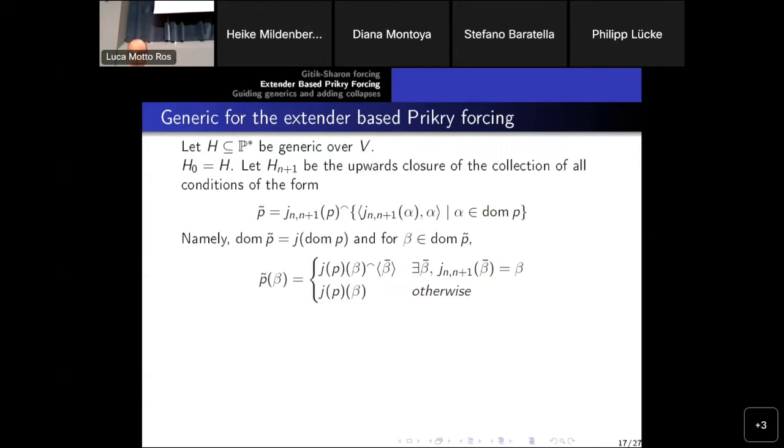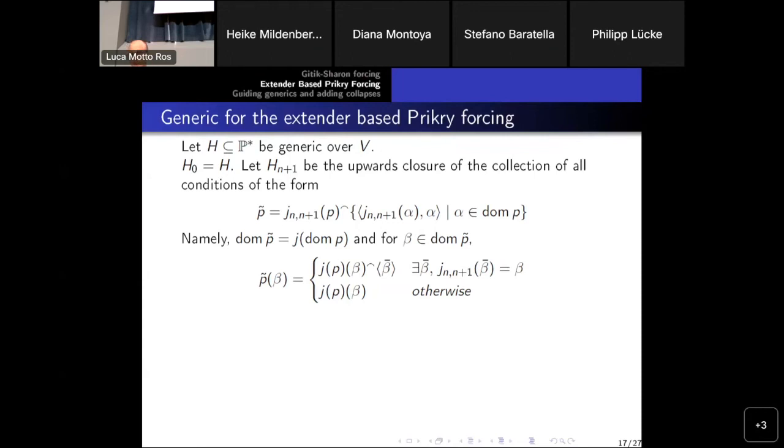It's really already a generic filter, but now we want to modify it, and we modify it by changing the sequences that we can. So we take all the alpha that came from B, and we change the point j of alpha by adding alpha. It's the last point of this finite sequence. So we make the generic at those points slightly longer.